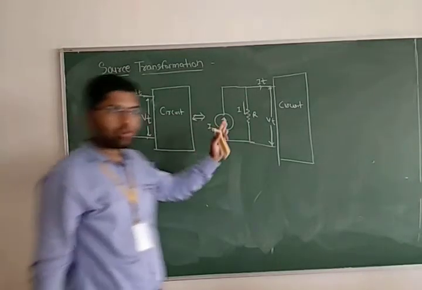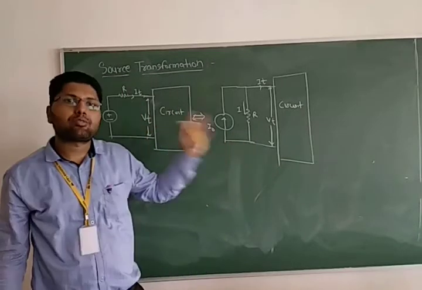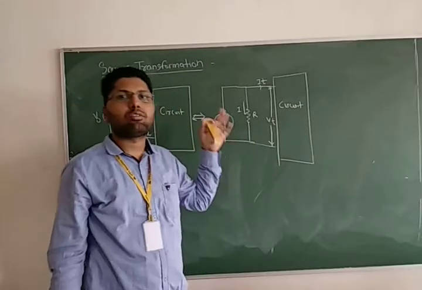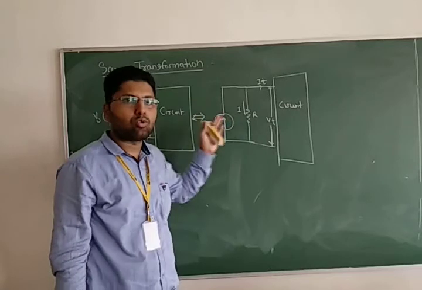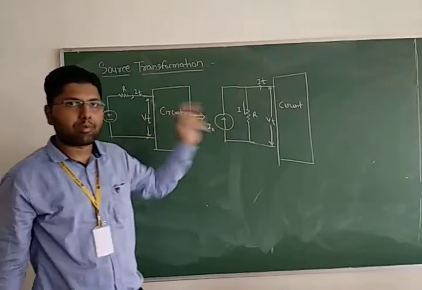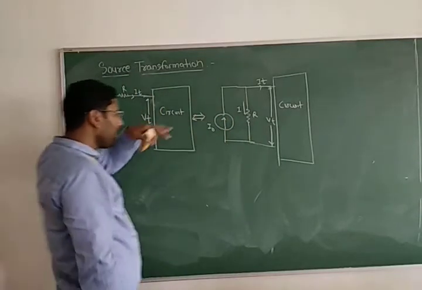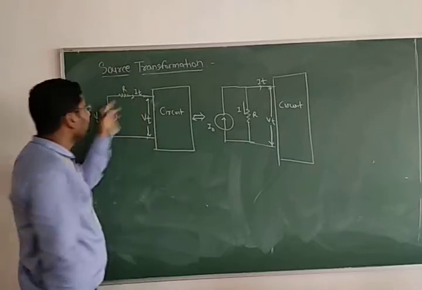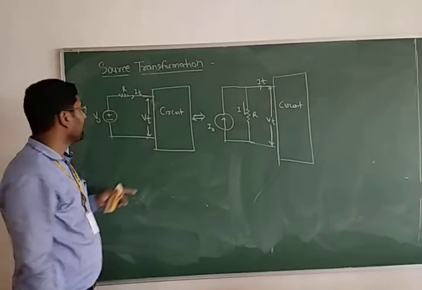So like that, source transformation can be done, and most of the time they will ask a 5 marks question: do the source transformation and solve the problem. Here we can apply KVL.